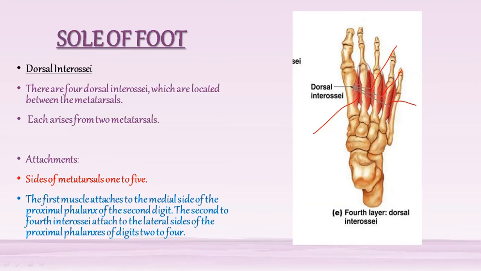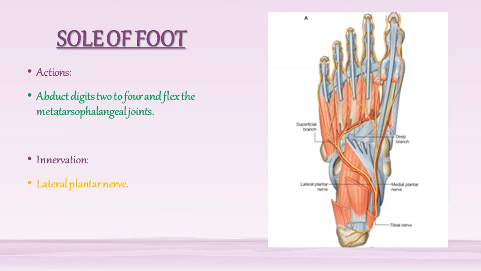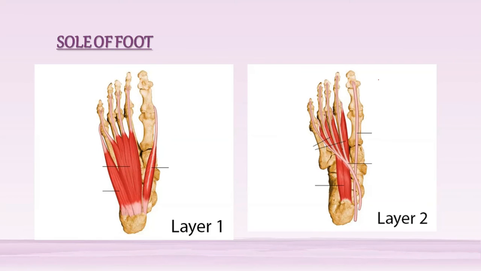Lateral sides. The action of these muscles is to abduct digits 2 to 4 and flex the metatarsophalangeal joint, and they are innervated by the lateral plantar nerve. So this was all about the muscles which are present in the sole of the foot.